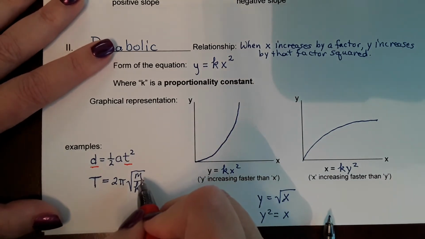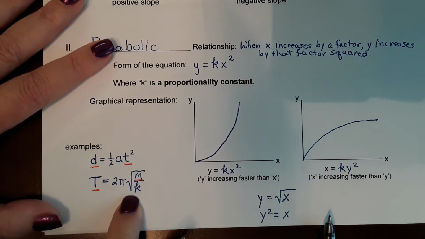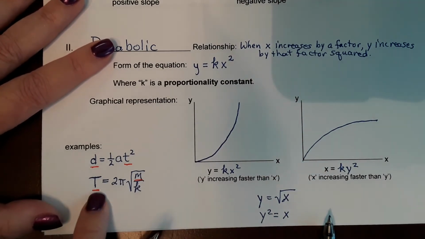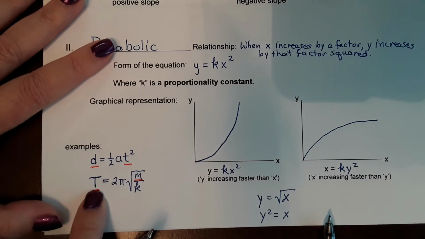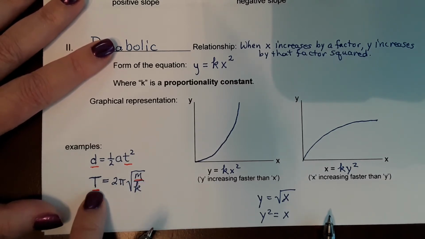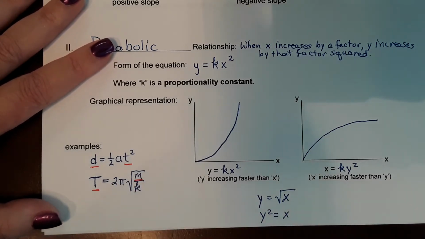But in any case, we're looking at the m and the t. Now, how do I know that's parabolic? For the same reason as here. If we square both sides to get rid of the radicand, we're going to get a t squared here, and you're left with m. So you'll have t squared is proportional to m. So that would be parabolic also.